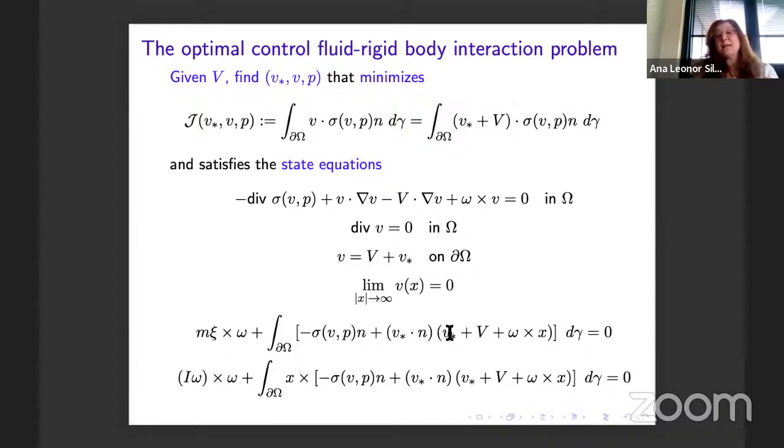This is a set of 6 equations that have to be satisfied, and we have to take that into account when we say what our V star is going to be, because now the self-propelling conditions are not going to be satisfied by means of the velocity capital V of the rigid body, because now this is known.